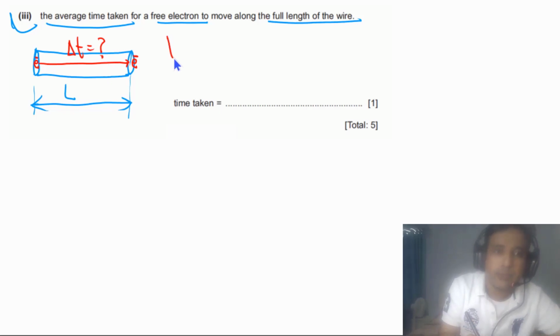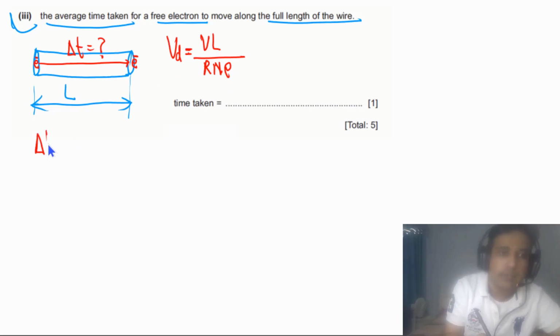But for this question, we have already determined average drift speed of free electron. That was equal to VL divided by R capital N E. So now we have distance, we have speed. So time delta t simply will be equal to distance divided by Vd, speed.